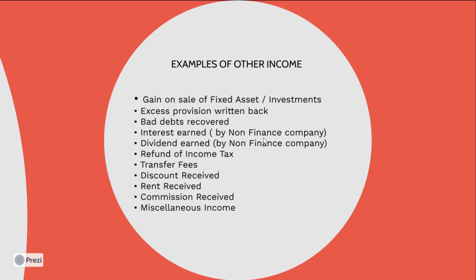The same in case of a finance company will come under the head revenue from operations because it's an income from operating activities for a finance company. Any refund of income tax will come under this head. Transfer fees received, discount received, rent received, commission received, and other miscellaneous income will come under the head of other income.